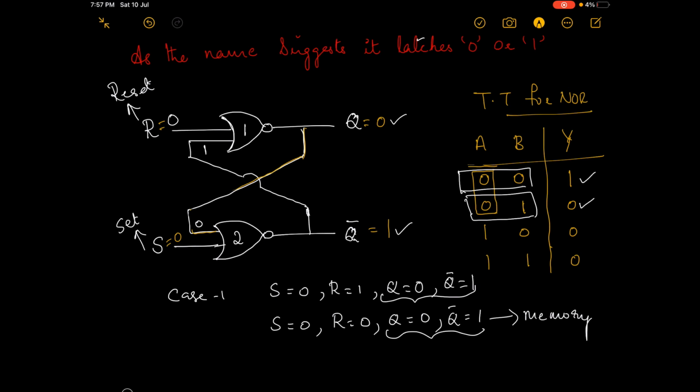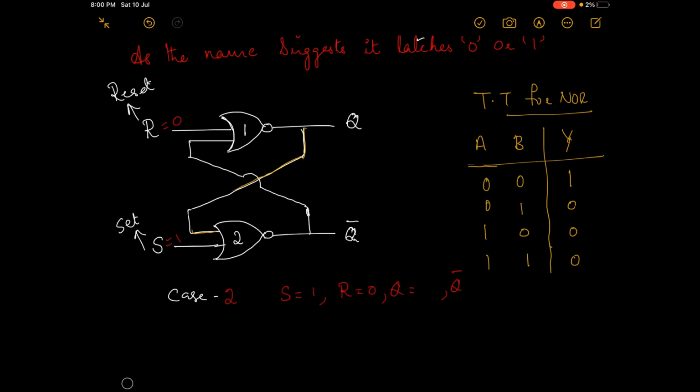Now, in the second case, we are giving S equal to 1 and R equal to 0. So when you give S as 1, whatever be the second input, you will get the output as 0. Therefore, Q bar is equal to 0.